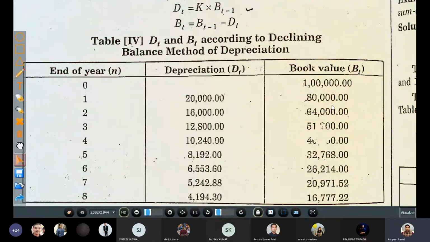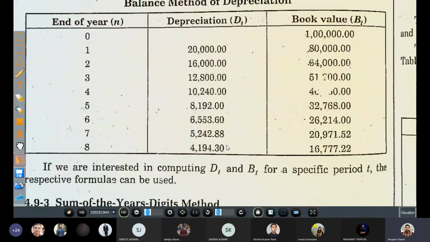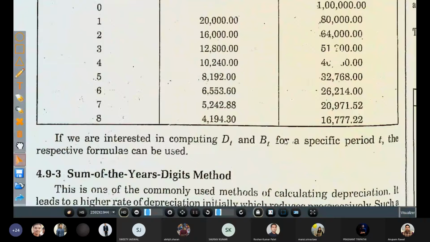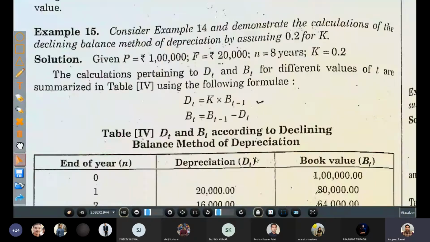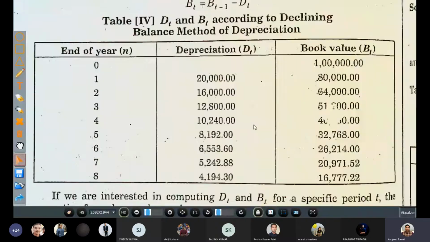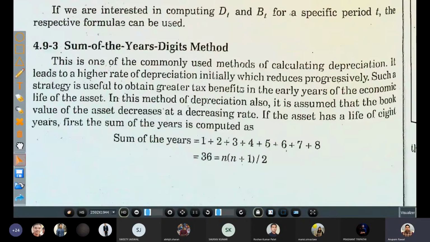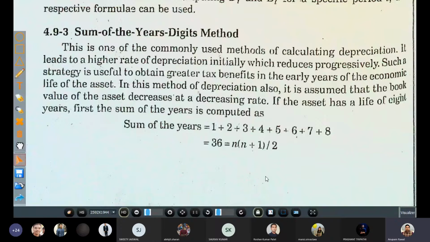This way it is calculated up to the 8th year. At the 8th year, the book value of that product goes lower than the estimated salvage value.